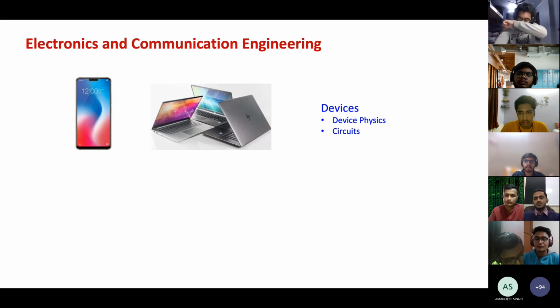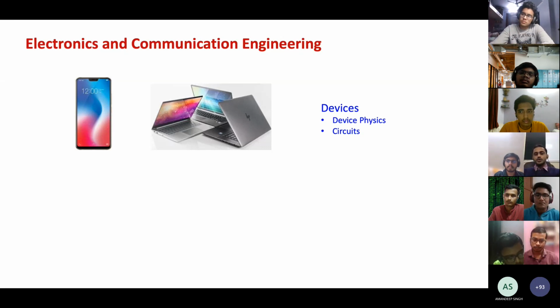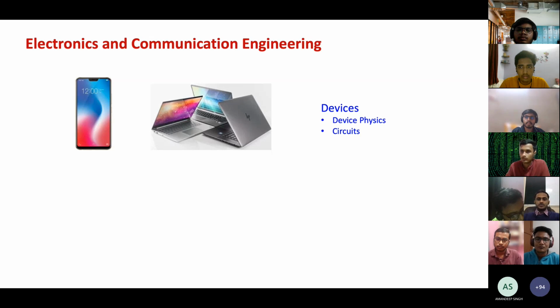Once we have a decent understanding of devices, we try to see how to make use of those devices, and that's where we need to understand electronic circuits. Circuits are a combination of devices and wires which perform a certain functionality.